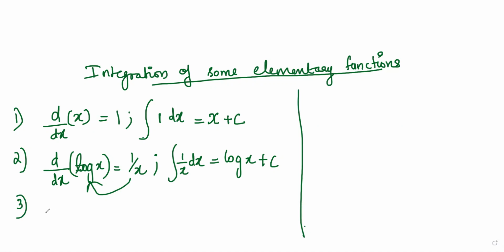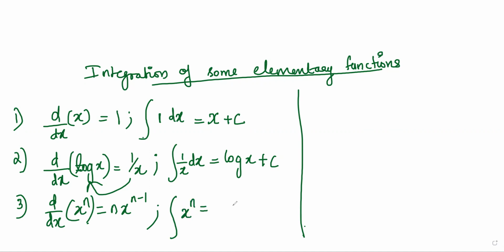Now, derivative of x raised to n. What was that? n x raised to n minus 1. Isn't it? So here, small difference. Integral x raised to n, sorry, for integration you have to put a dx also.